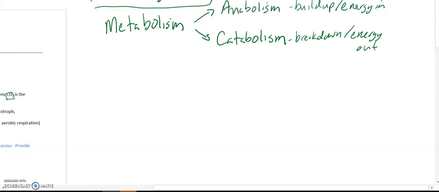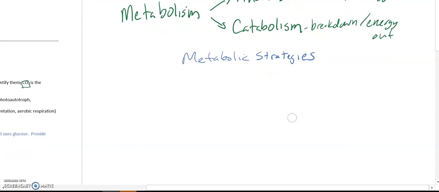So when we talk about them, we call them metabolic strategies. There's essentially 2 things that classify metabolic strategies. What are the 2 things that we've talked about this entire unit? What and what?